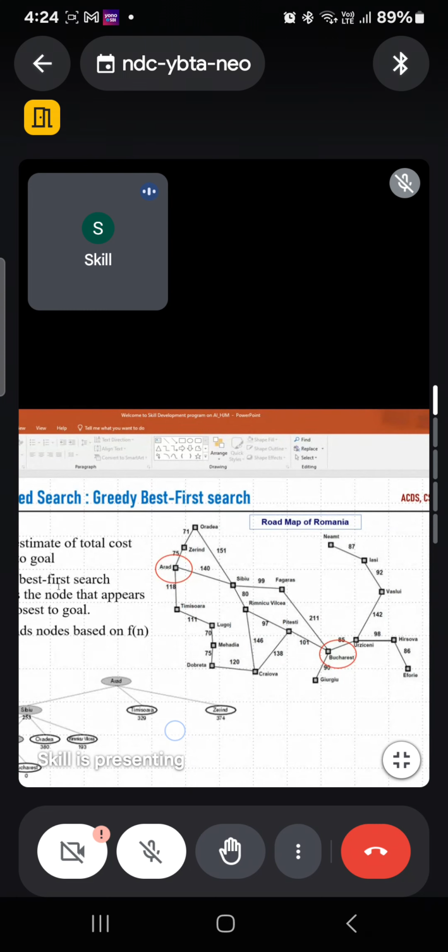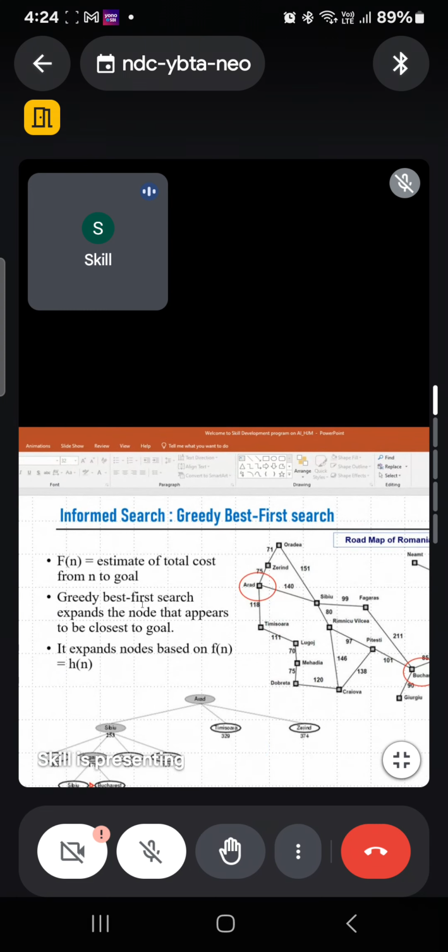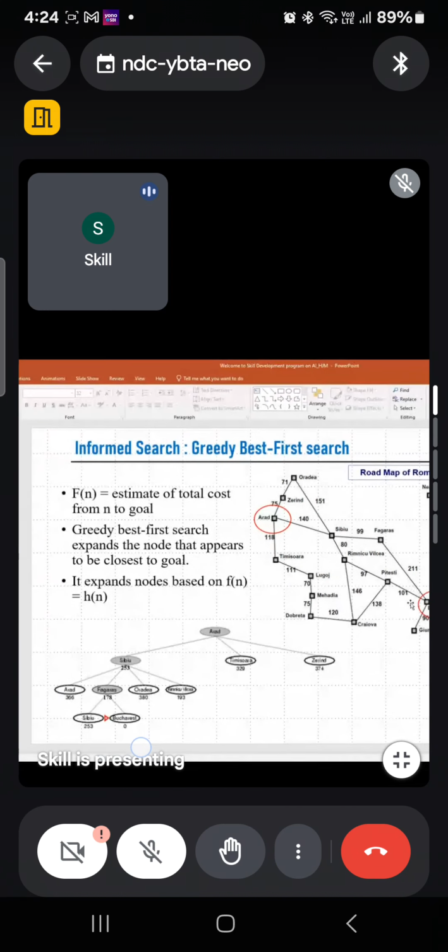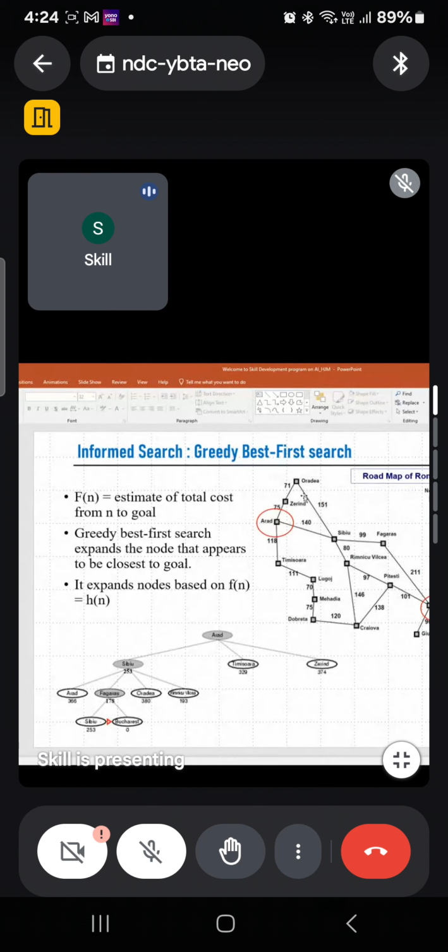So how can we use greedy best first search for this particular roadmap? And these are the actual distances. The estimated distance is only what's mentioned here, and this will be the actual distance. These are the direct straight line distances from all the places to Bucharest. And these are the actual distances, how from this place to this place all distances can be covered.